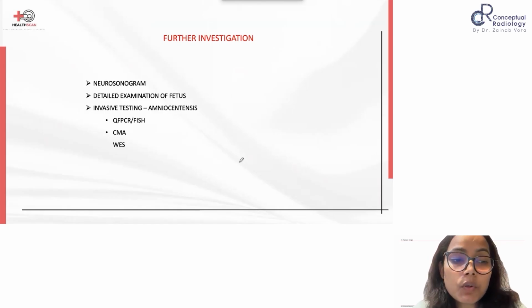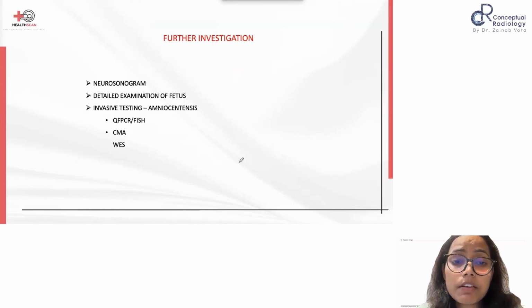So mild ventriculomegaly, we should not leave as it is because this can be associated with infections. This could be because of trisomy 21 or other chromosomal or single gene disorders. There are so many causes of ventriculomegaly. So you should suggest to your obstetrician to perform the amniocentesis.